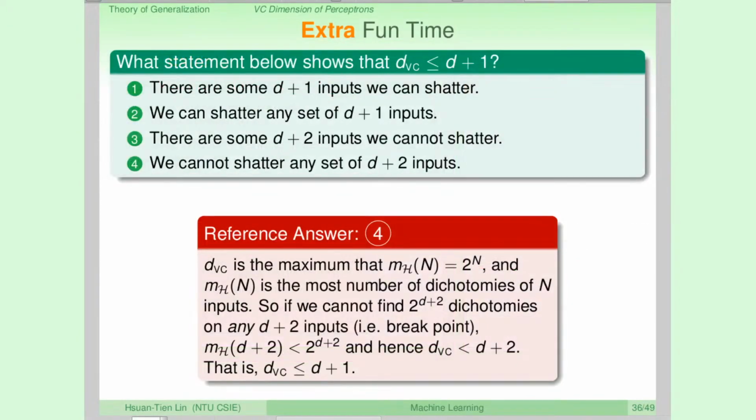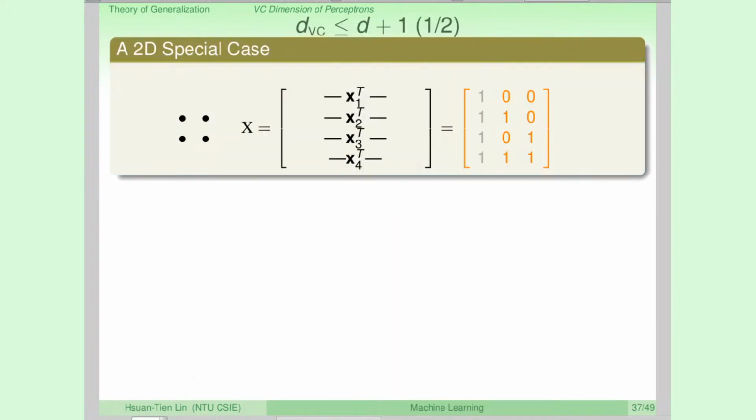Okay, so let's see. Before we move to the general case, let's look at the special case. Remember in the special case before, we use points arranged in specific positions and so on. Now let's look at a special case to get some insights about how we are going to make the general proof.